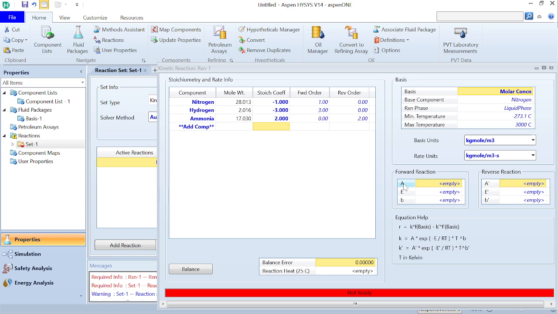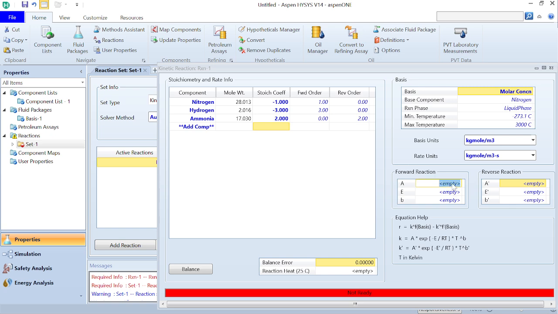For A, which is our frequency factor, you can see we have frequency factor, activation energy, and temperature exponent. So A, B, and B. Now remember this is also an equilibrium reaction, but we're going to be focused on the forward reaction here.